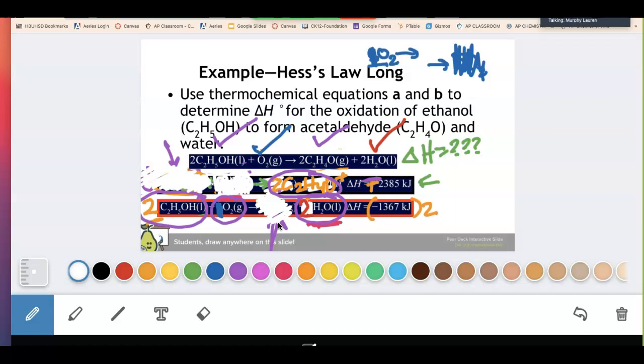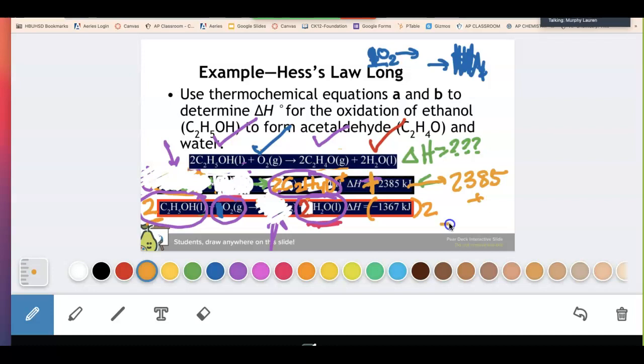Okay, so now that everything matches, you combine the delta H's. So what does that mean? Well, remember this one is positive, 2385, plus now you have to do 2 times negative 1367.